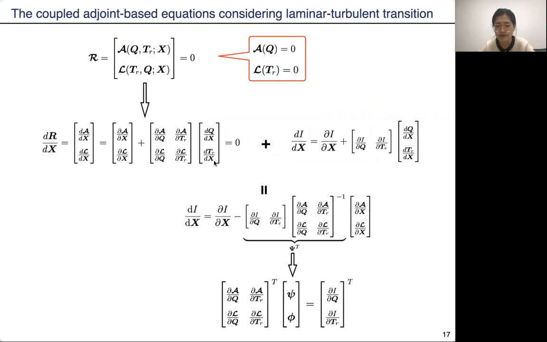We substitute this into the equations of the derivatives of the objective or constraints with respect to the design variables, and finally we got these equations. In the middle part is the coupled adjoint equations, which consider the laminar to turbulent transition.